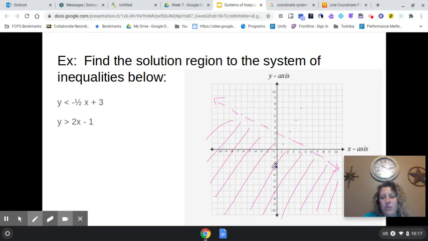I can also move down 2 and to the left 1 instead. Again, we have to think about what type of line. This is a greater than scenario, so again, we do not want to include the points that are on the line. It's going to be another dashed line. And for greater than, we shade above the line.